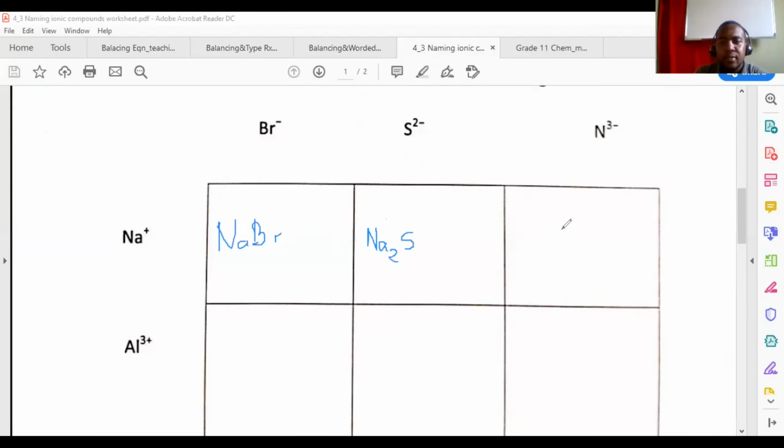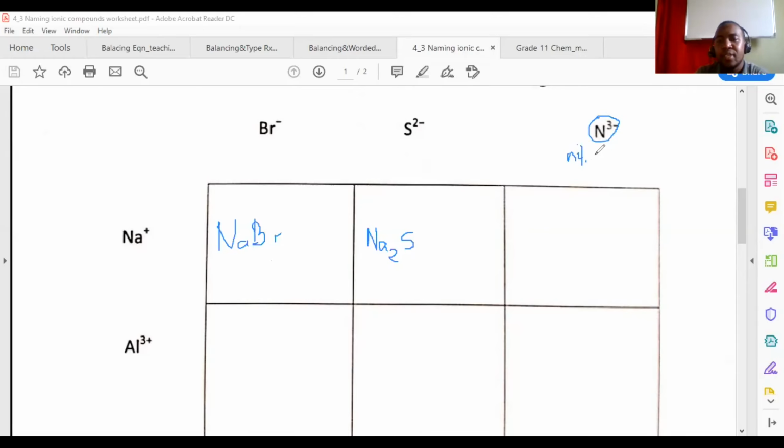The next is Na+ and N3-. Sodium nitrate, or nitrite? What is N3-: nitrate, nitrite, or nitride?